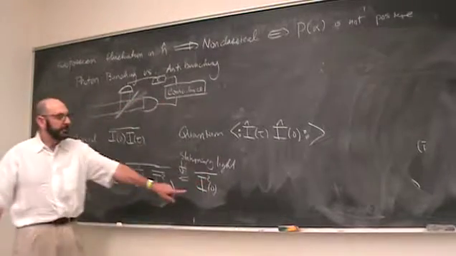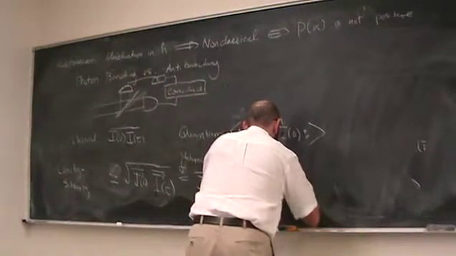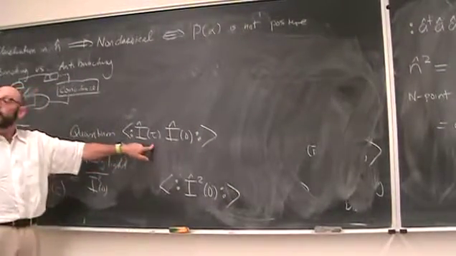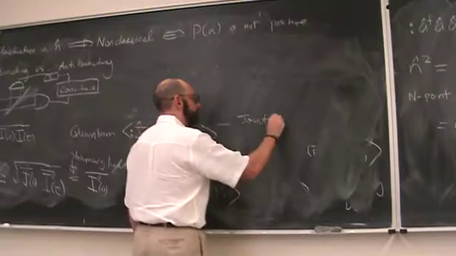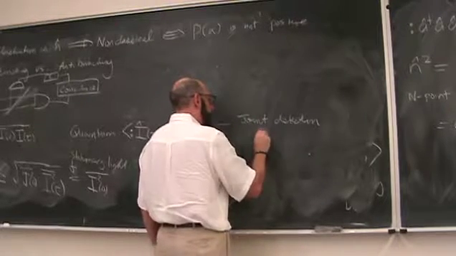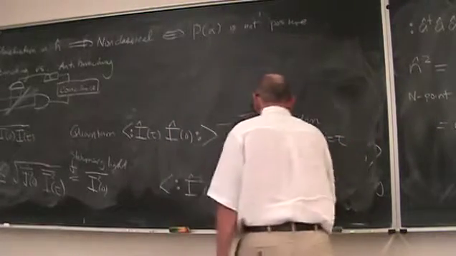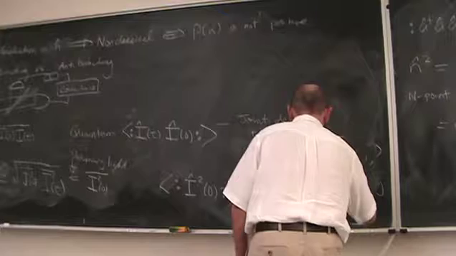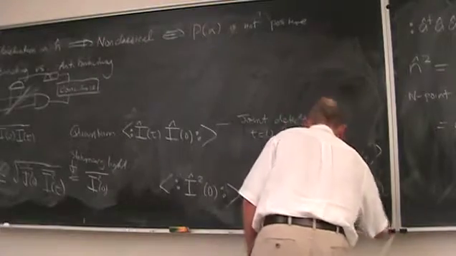So from the point of view of the quantum theory, this object is related to the joint detection at t equals 0 and t equals tau, whereas this is joint detection at t equals 0 and t equals 0, both of them coming together at the same time.